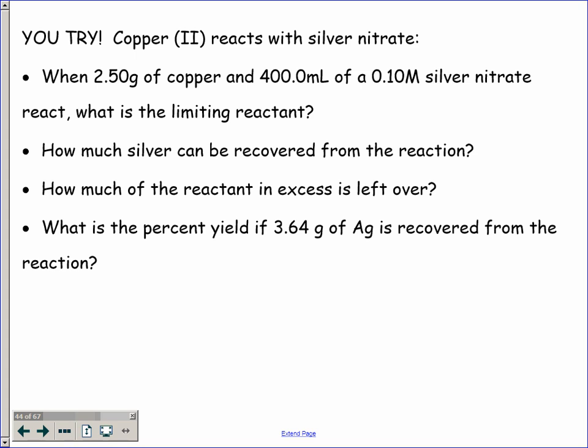Wouldn't it be how much of the reactant excess is left over? The reactant excess is constant. Okay, so then we're going to put the mole of silver in the... How much reactant?